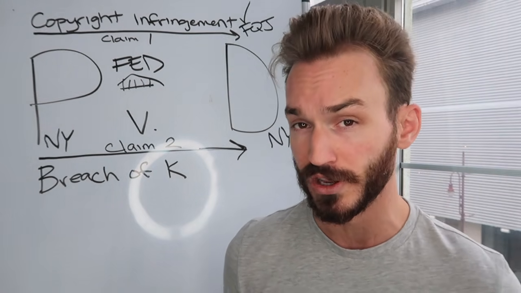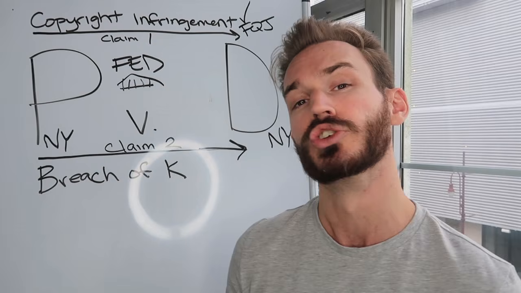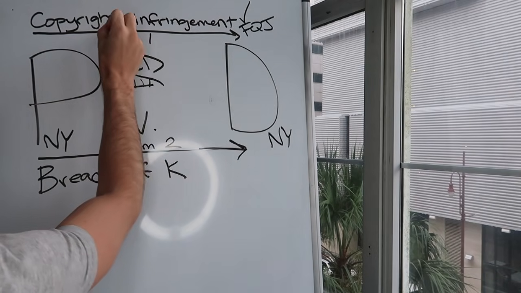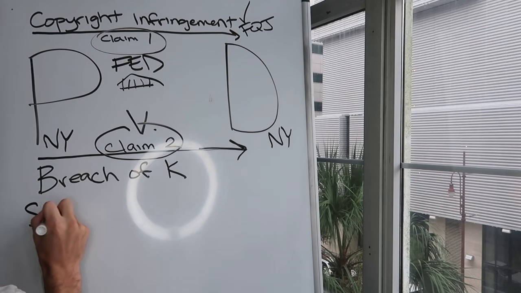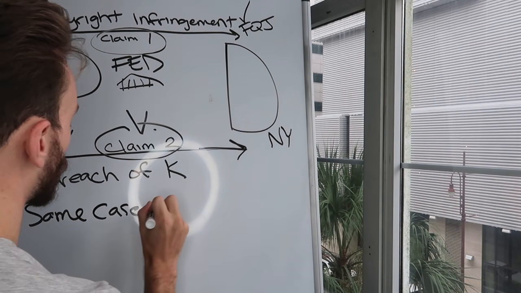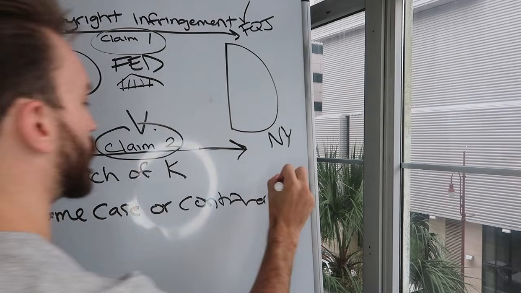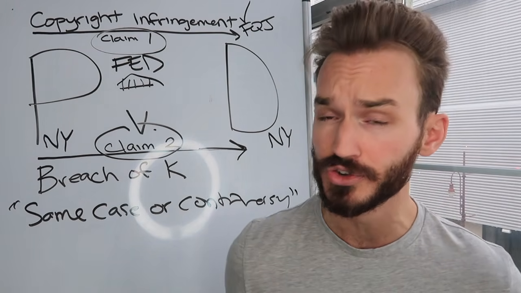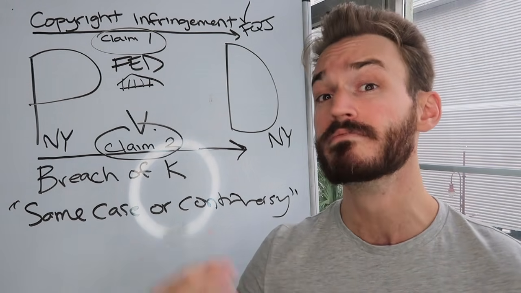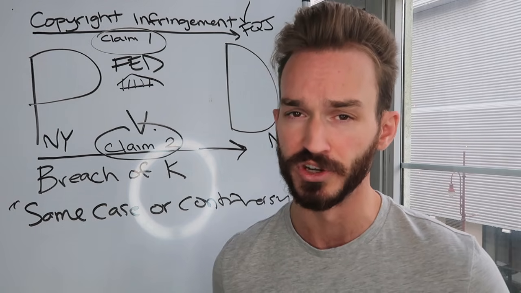So supplemental jurisdiction says they can hear this breach of contract claim that they wouldn't have independently had the jurisdiction to hear if, remember, if claim 1 and claim 2 constitute the same case or controversy. If claim 1 and claim 2 constitute the same case or controversy, then the federal court is going to have supplemental jurisdiction over claim number 2, which it independently would not have had subject matter jurisdiction.